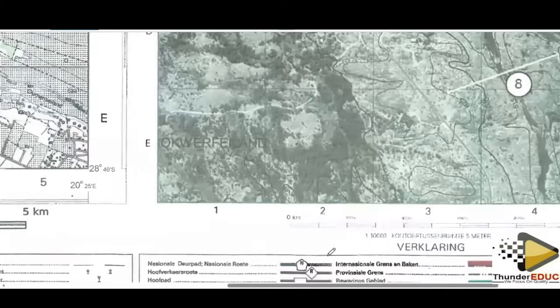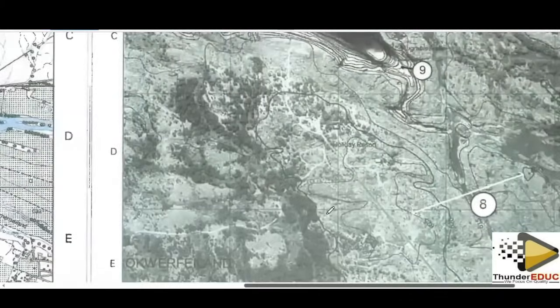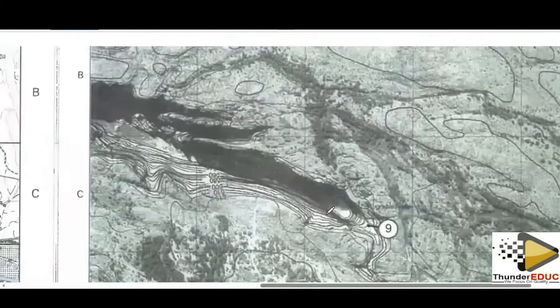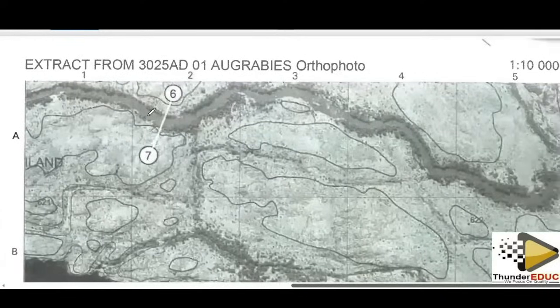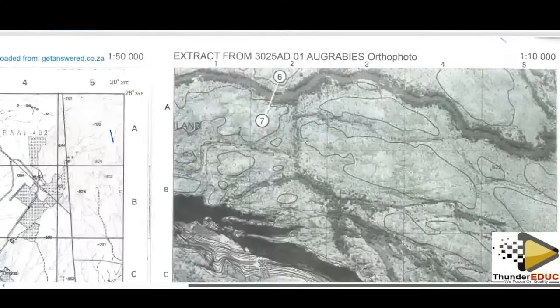So our orthophoto map here. All right. Go to our orthophoto map. There. Okay. I'll try to reduce the size a little bit so that it could fit nicely.